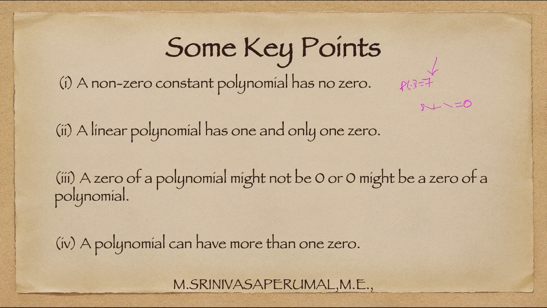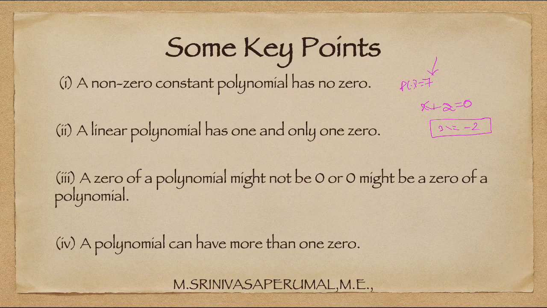This is a linear polynomial, so we need to find the value of x. So x is equal to minus 2. Next, a zero of a polynomial may or may not be 0. For the given example, x is equal to minus 2. So the zero of a polynomial need not be 0, and it may be any term like minus 2 or plus 2, based on the given question.